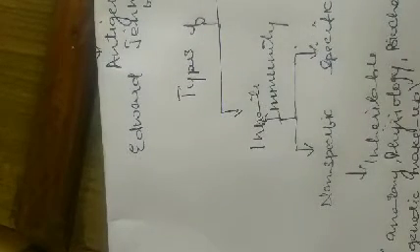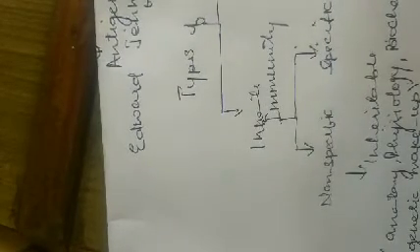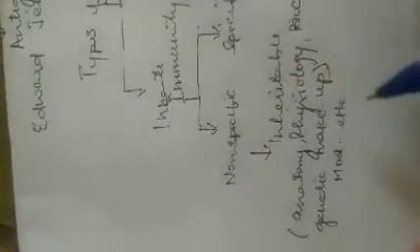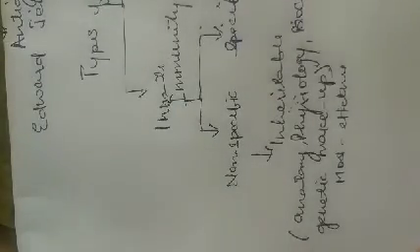It is the result of that. Not affected by prior contact with the microorganisms. And this is the most effective type of immunity, and it persists for a longer time.